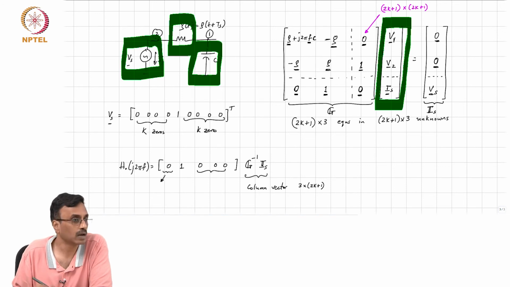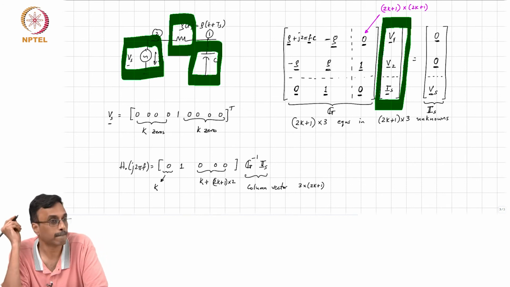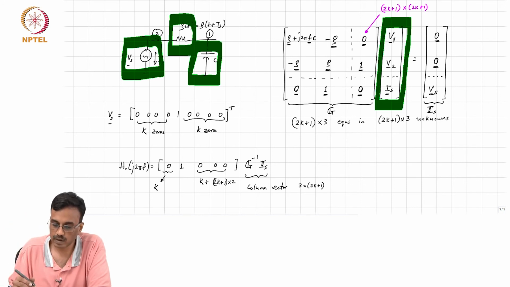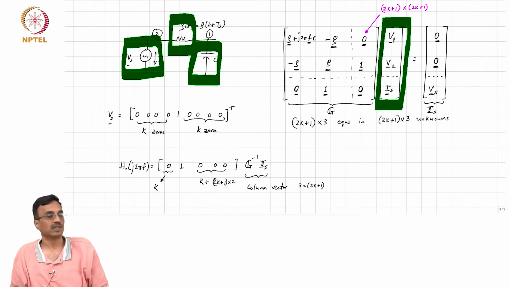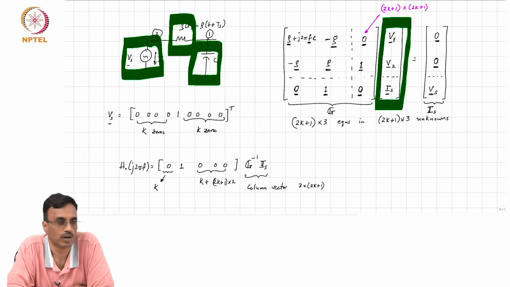So, this should be k zeros here, and this should be k plus 2k plus 1 times 2. This multiplied by G inverse times IS gives you that number h 0 of j 2 pi f. That makes sense?